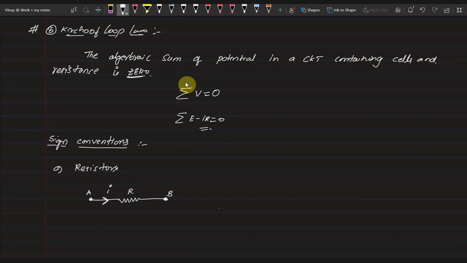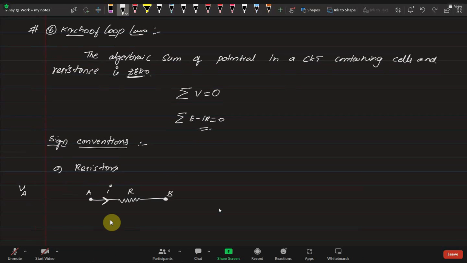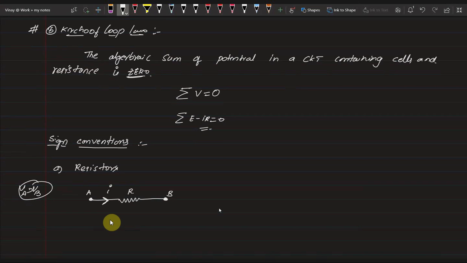Current is flowing from A to B, so A is at high potential. Yes, very good. Then potential at A is greater than potential at B, and only then does current flow from A to B.